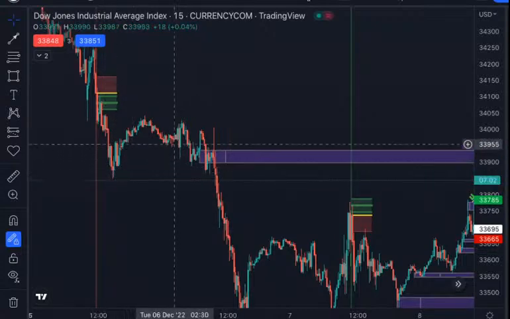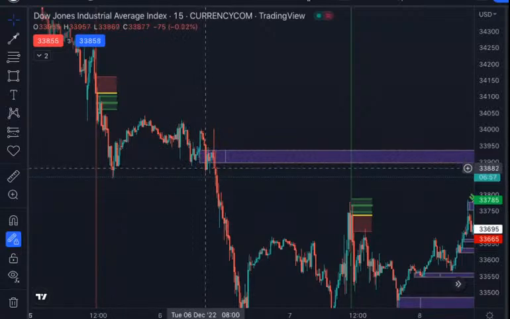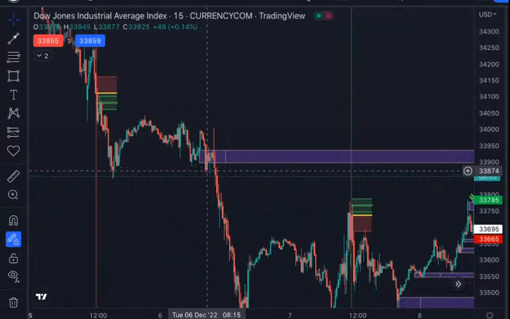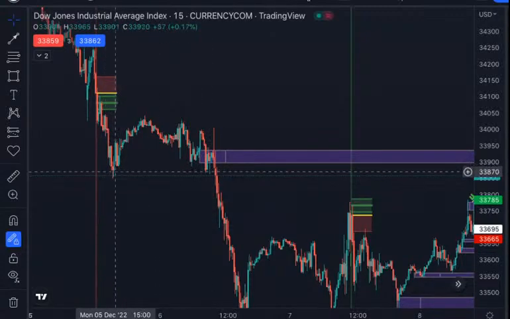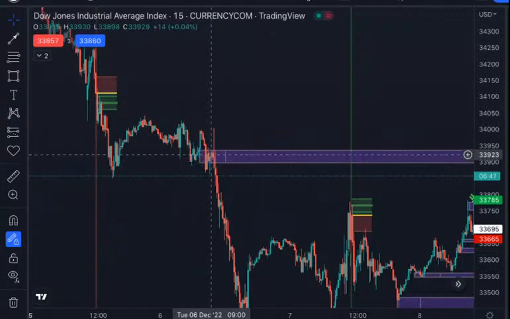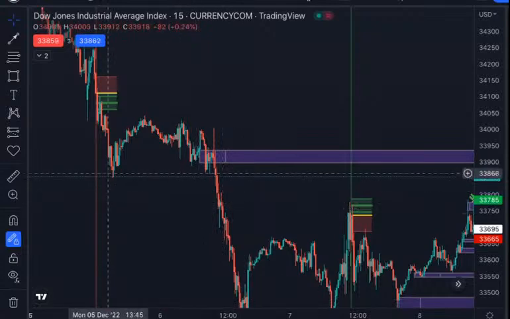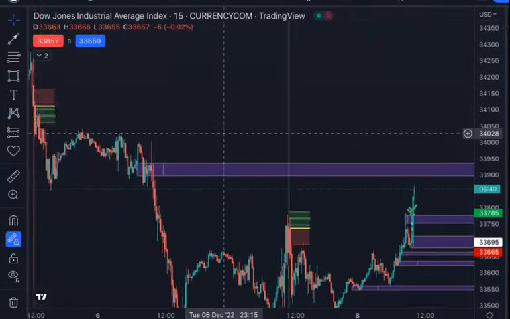So we have all of these breaks of temporary lows. Boom, a break there and a break there. This is the major structure that I was paying attention to. The last down candle before this major push that broke these levels, the support was right here. So I see price coming up to mitigate this level.